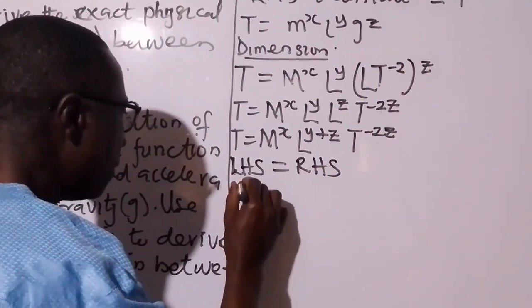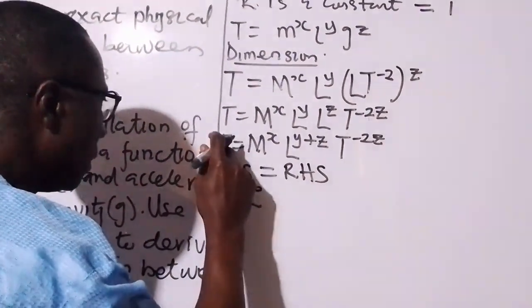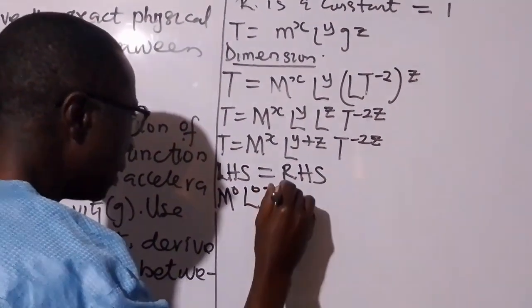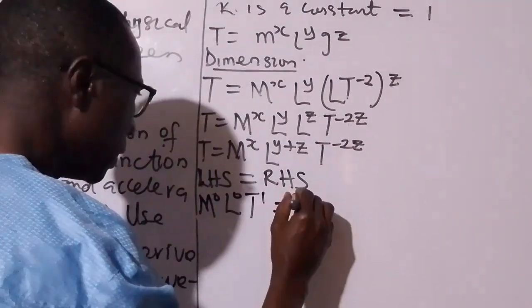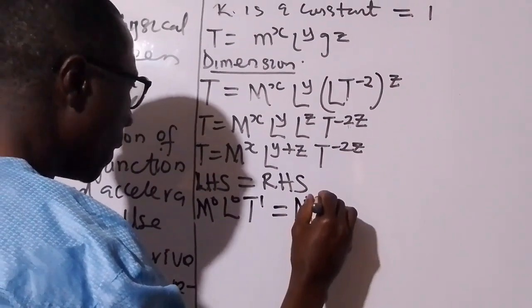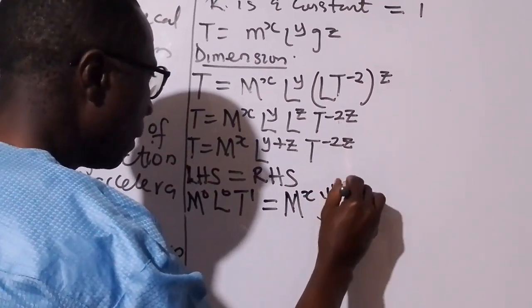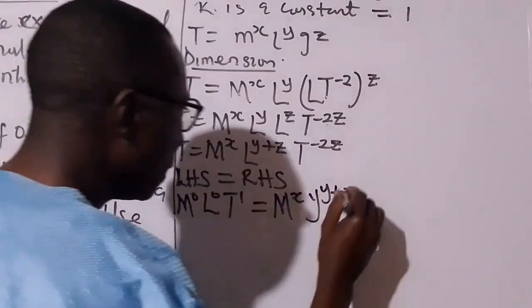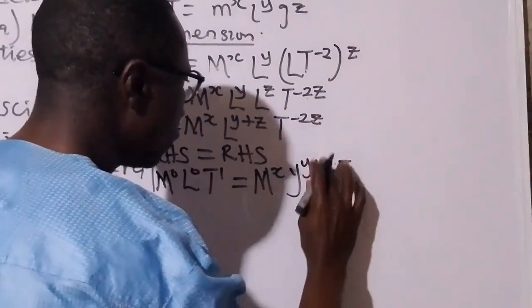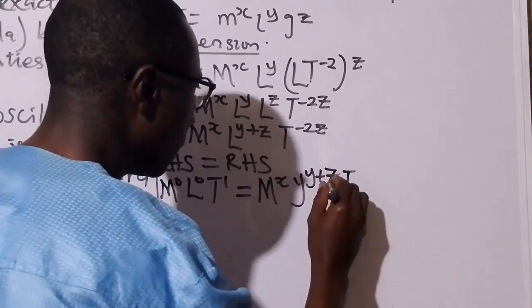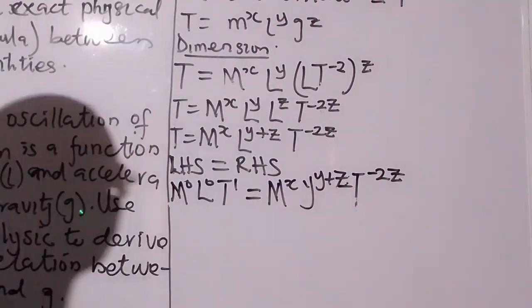That's M raised to power 0, L raised to power 0, then the T that's already there, T raised to power 1. Then it will be equal to M raised to power x, L raised to power y plus z, then T raised to power minus 2z.